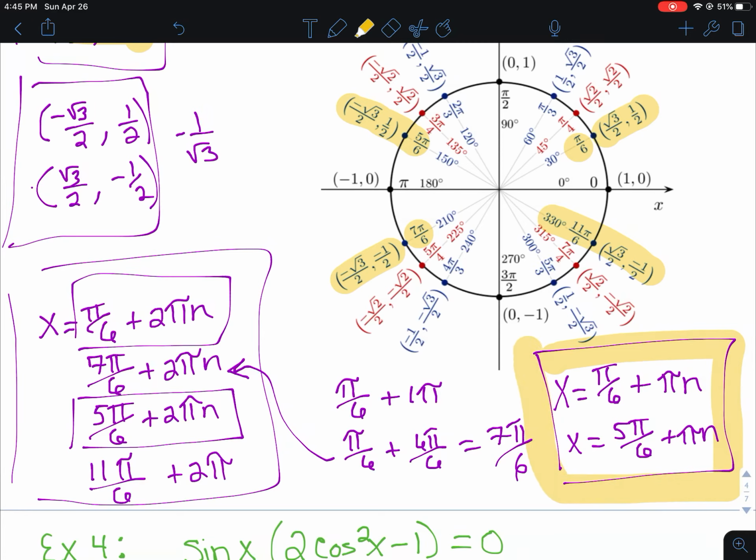This is just a little bit simpler to write, but if your brain is more equipped at just finding which angles are going to give me the right values, write that angle down and add 2 pi n, it's perfectly fine. You'll get the exact same answers, okay? I missed an n here. So that's the second way that we could do it.